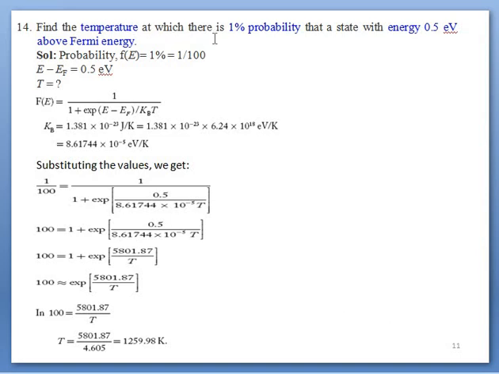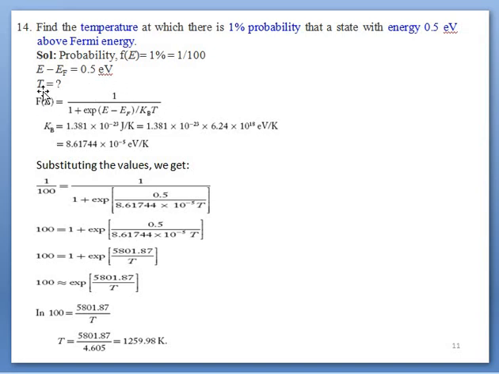Find the temperature at which there is a 1% probability. You have to calculate the temperature at which there is 1% probability with energy this much above the Fermi energy. See, with energy above the Fermi energy means E minus Ef equals this, which is given. Find the temperature.